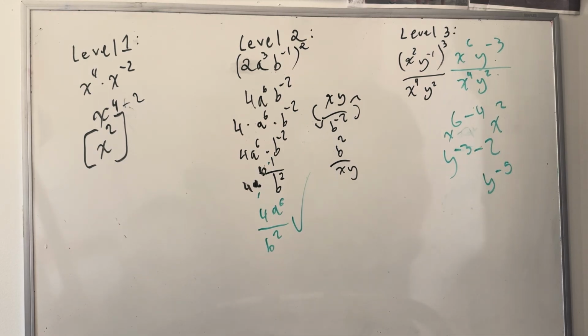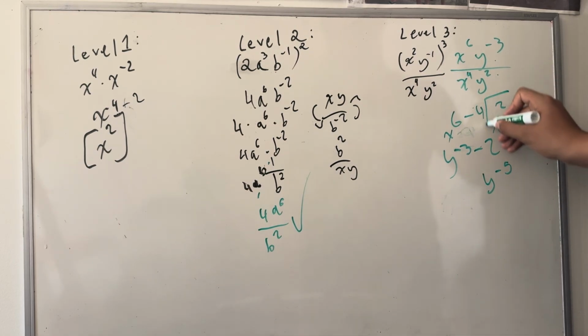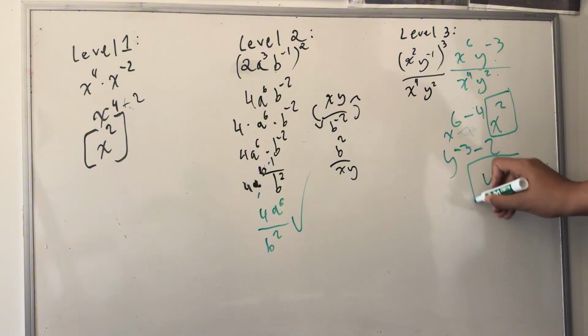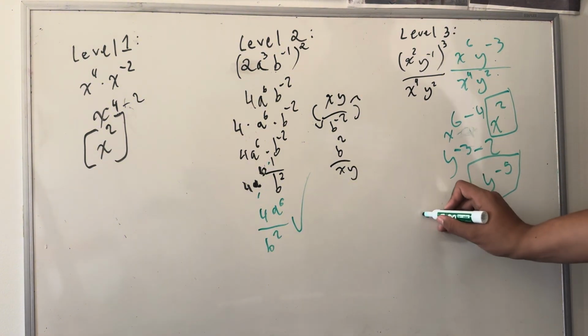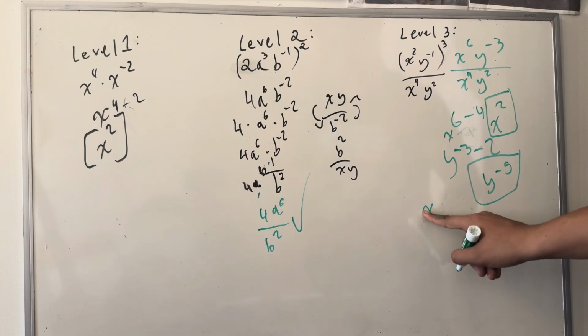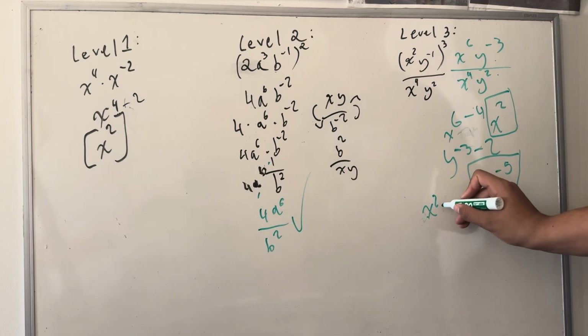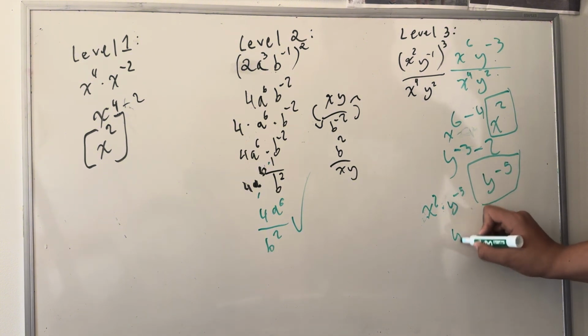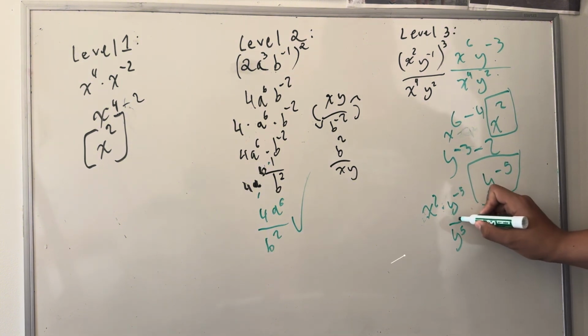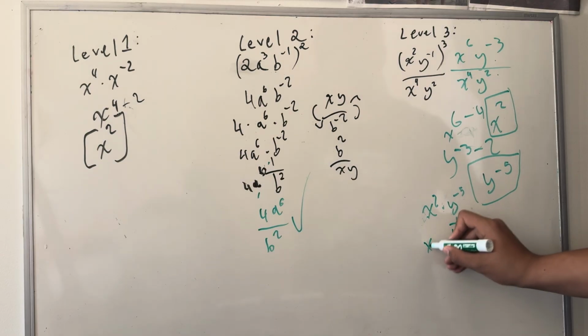So now what do we have? We have x squared and y to the power of negative 5. What can we do with this? First, we could place them together. X squared times y to the negative 5. We take the reciprocal, y to the 5 over 1, multiplied by x squared.